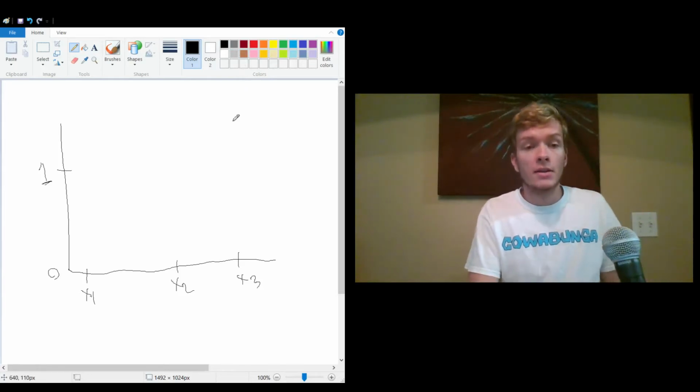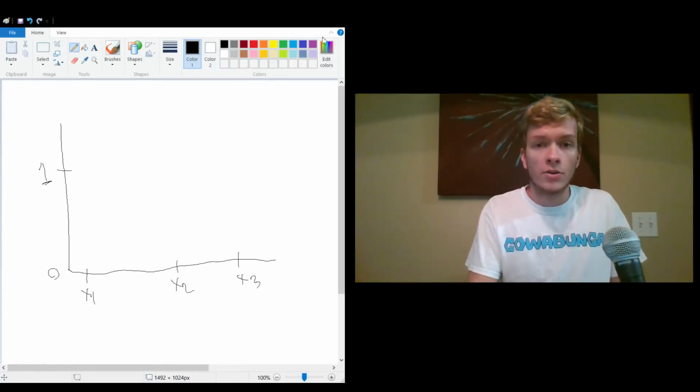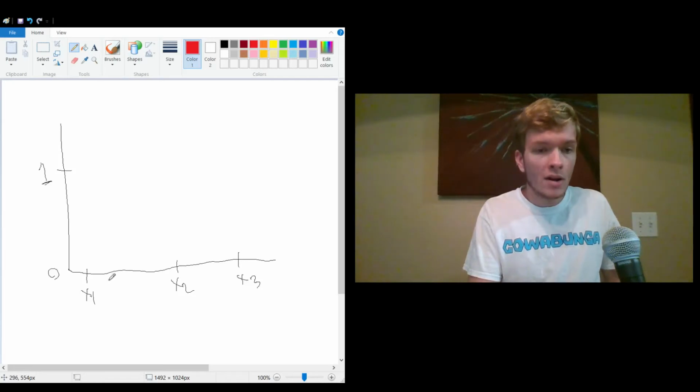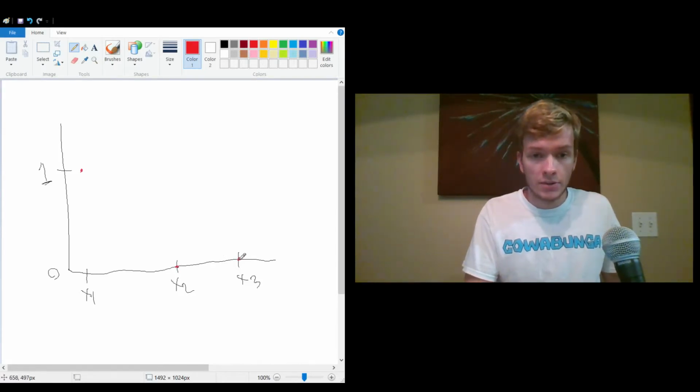Like I said, this is a second order Lagrange interpolator. So I'm going to grab a red pen. We want this function to be 1 at x1, 0 at x2, and 0 at x3.